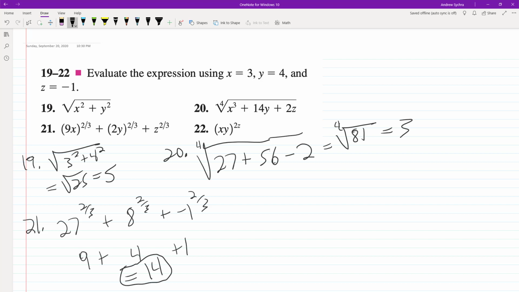And finally for 22, 3 times 4 raised to the negative 2. So we get 12 raised to negative 2, which is equal to 1 over 144. All right, sweet. Moving on.